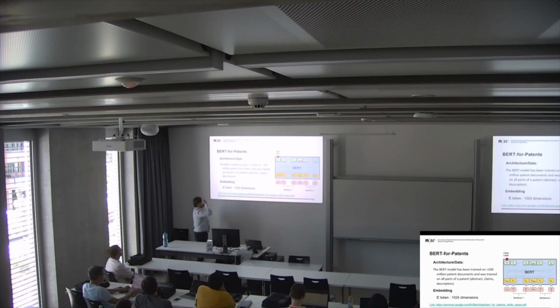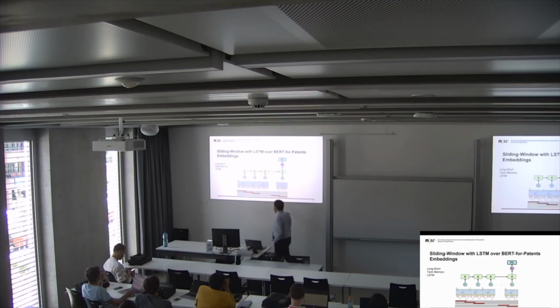So the first token we use as the embedding of this document part. And it has 1024 dimensions. We use also BERT for Patents, which is a model trained by Google on about 100 million patent documents.